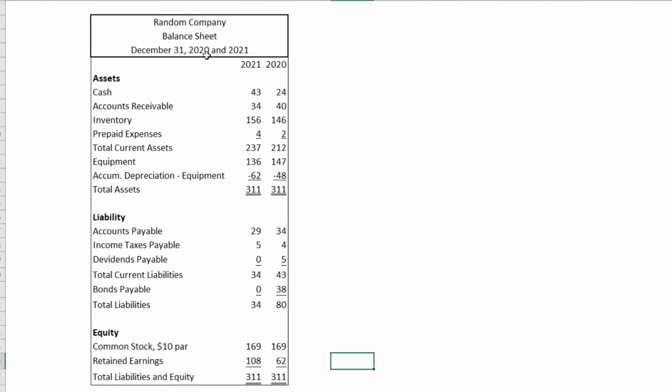It's for that day, for the day of December 31st, 2020, and 2021. But the income statement and statement of cash flow are for a period. So from January 1st to December 31st, this is what happened.